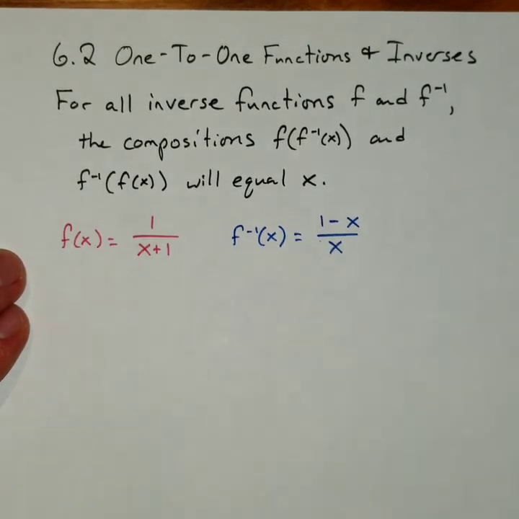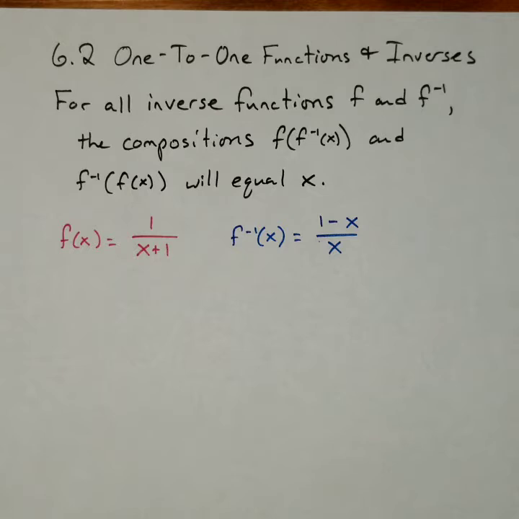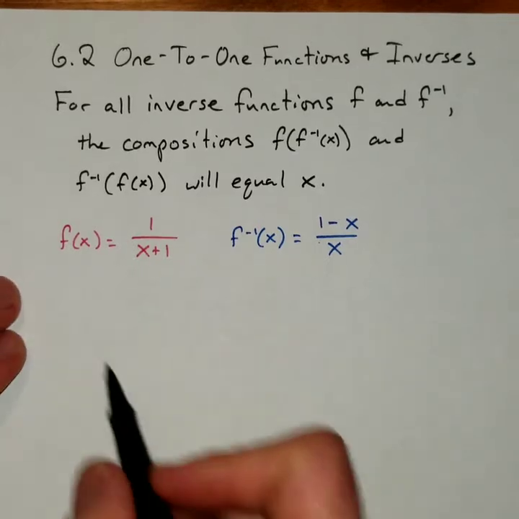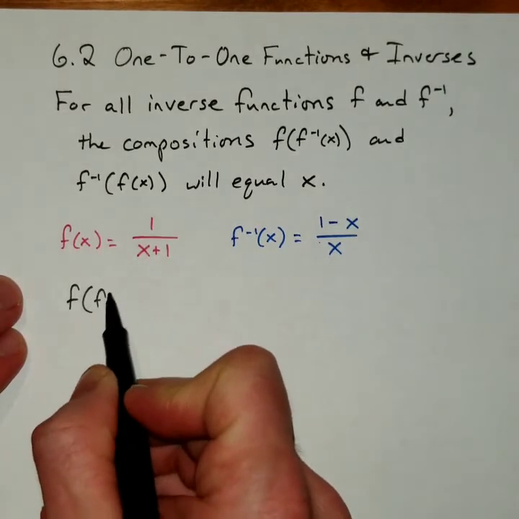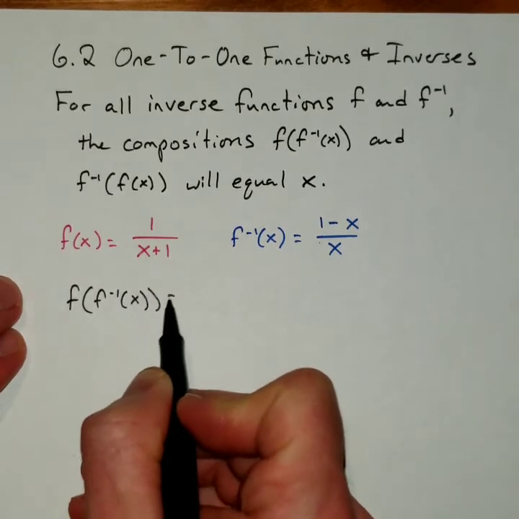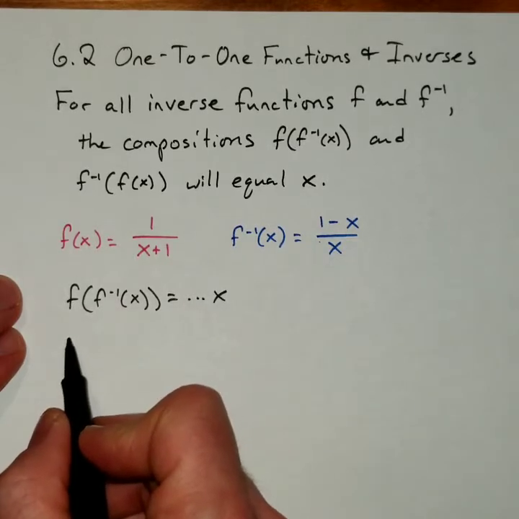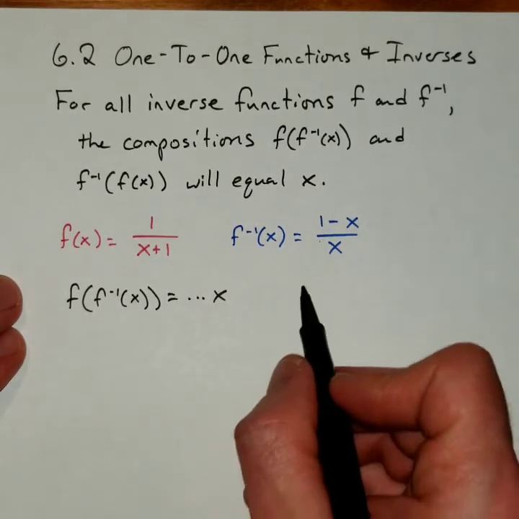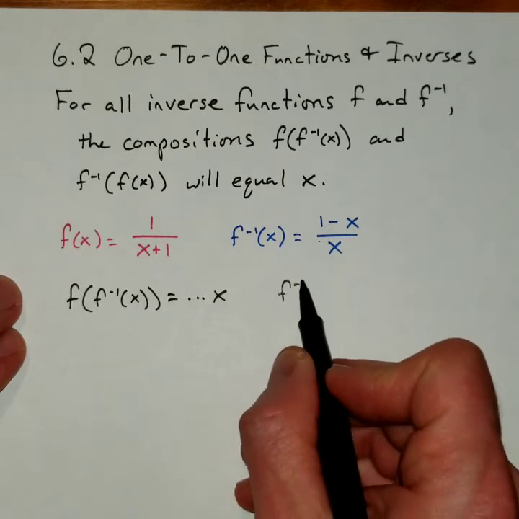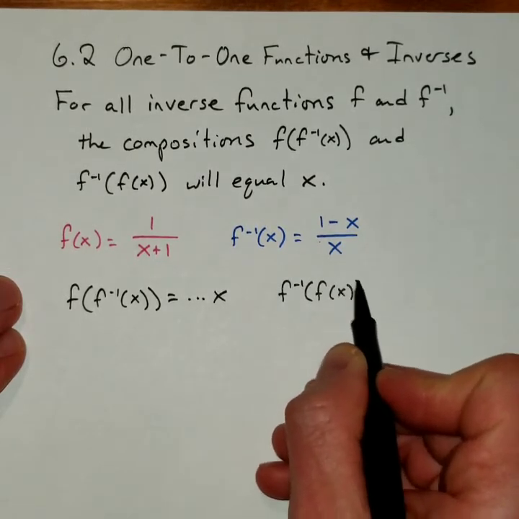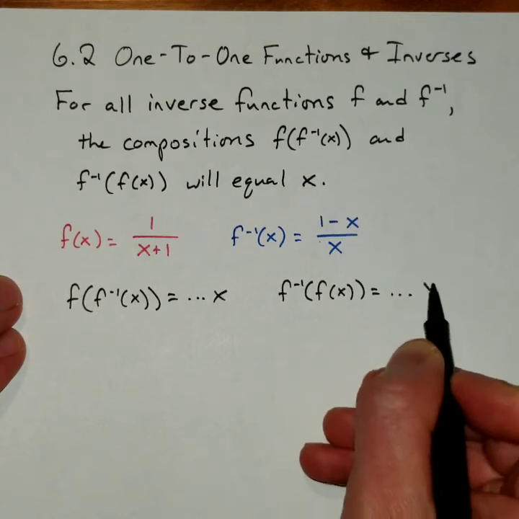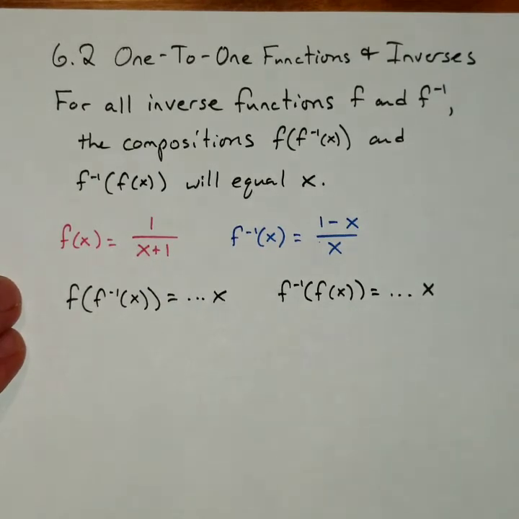And when you compose these two functions, the new function, when you simplify it, is just x. So we saw this in the last section, that f of f inverse is equal to x, and when you compose them the other way, if you do f inverse of f of x, you eventually just get x again. That will always happen for inverses.